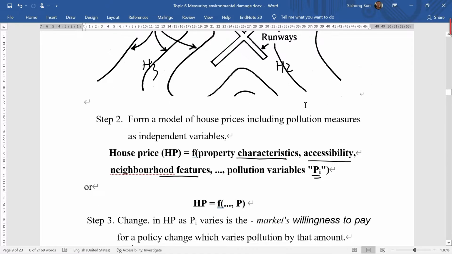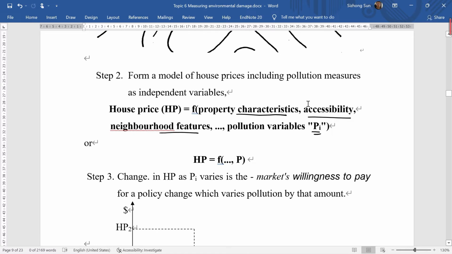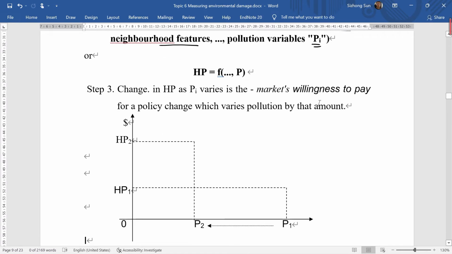Then we have the data. We can estimate the functional relationship, and we can find that if pollution is high at P1 level, then house price on average is this. If pollution is at P2 low level, the house price on average is this.